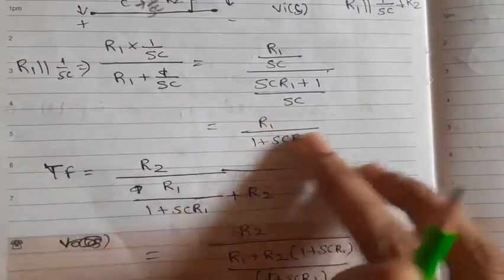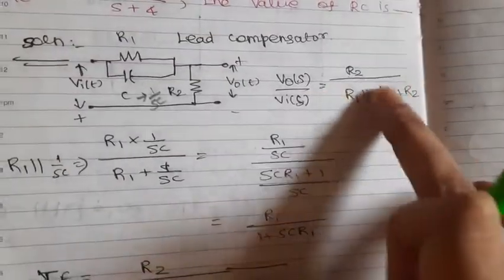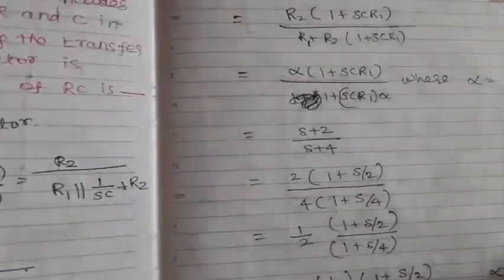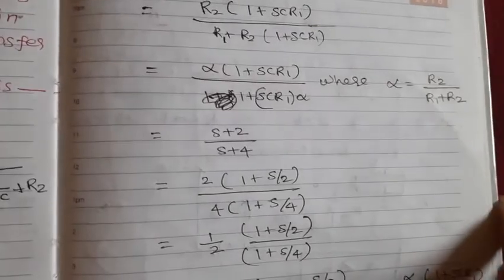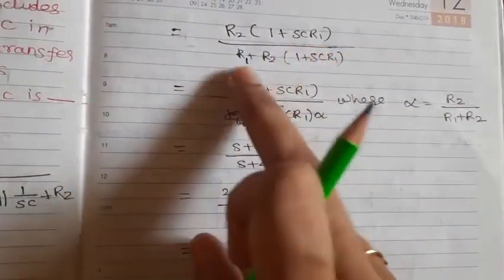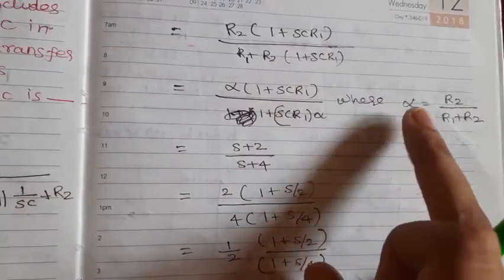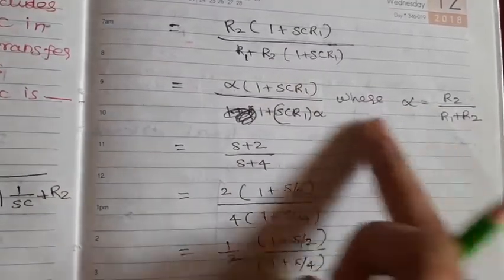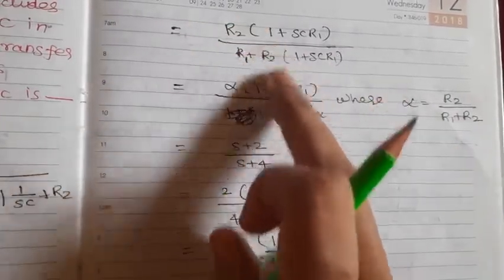Just substitute this value here and solve all this. What will we get? R2 divided by 1 plus R, this one. So what is alpha? Alpha is nothing but R2 divided by R1 plus R2. Just substitute alpha here.